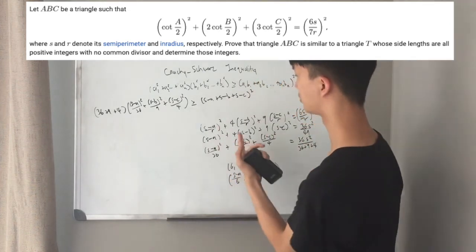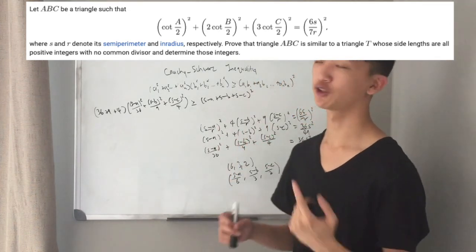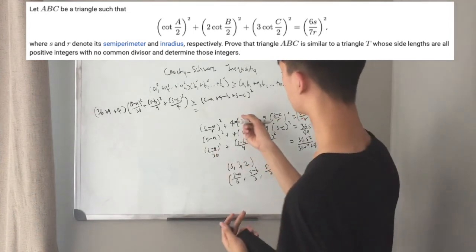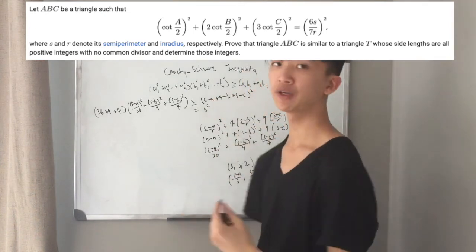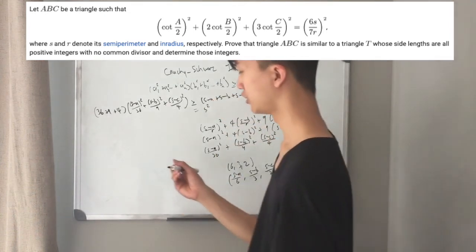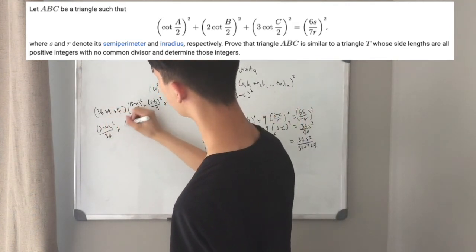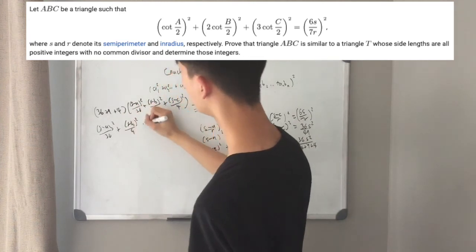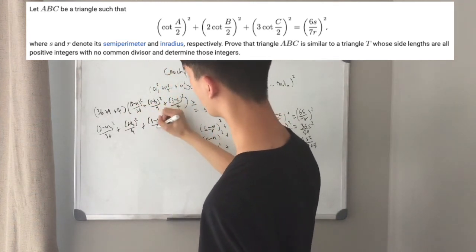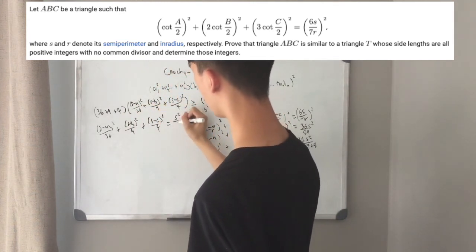And we have 3 semi-perimeters and 1 perimeter. So then we have 3S minus 2S, which is equal to S squared. So then we can divide both sides by 49 to get that (S minus a) squared over 36 plus (S minus b) squared over 9 plus (S minus c) squared over 4 is equal to S squared over 49.